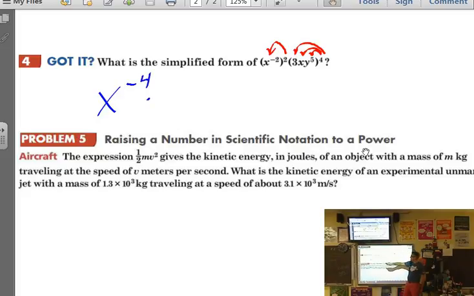That's how you make mistakes. Don't even expand it. Just leave everything to the powers. 3 to the 4th, then x to the 4th, and y to the 20th. We're gonna get there. We knew there was another step coming, so I'd rather write it out first so we all see what's happening. So now this is weird.